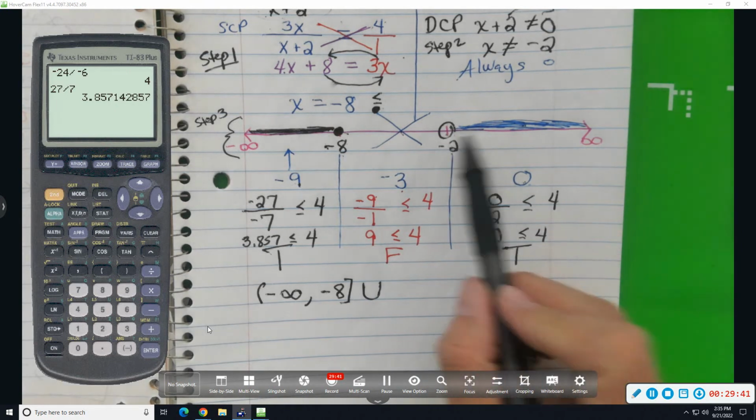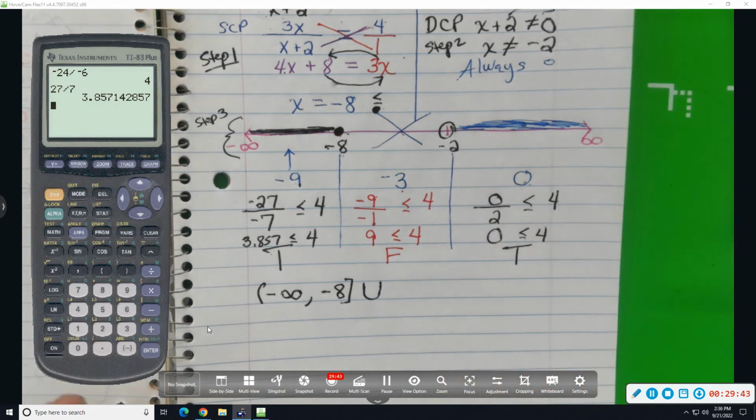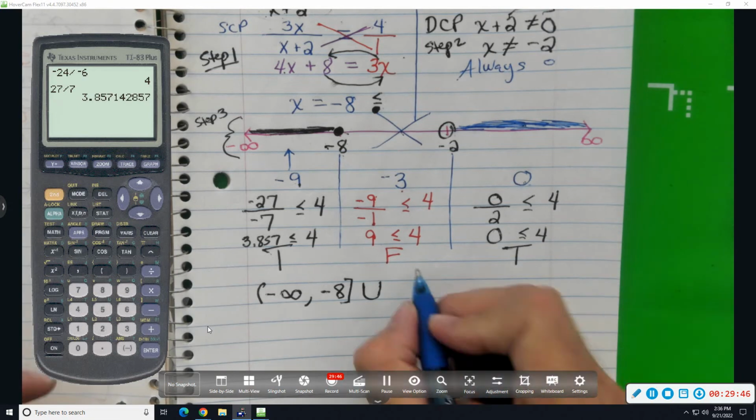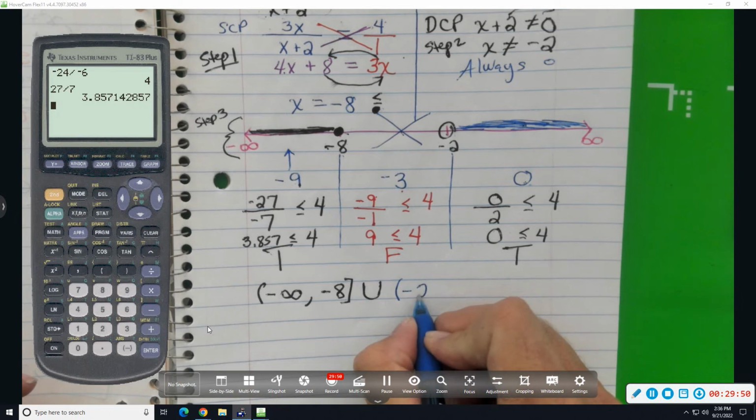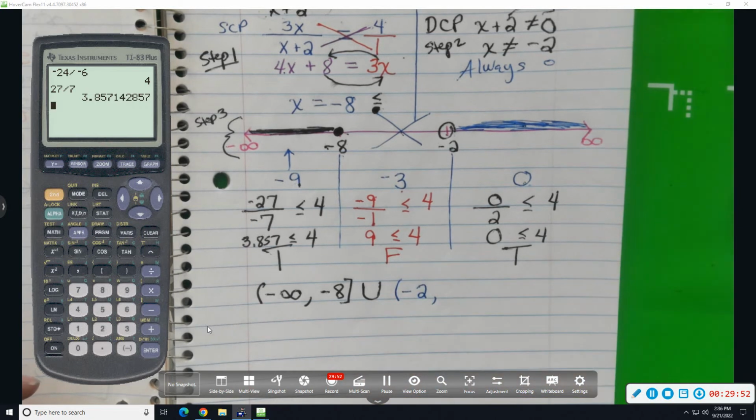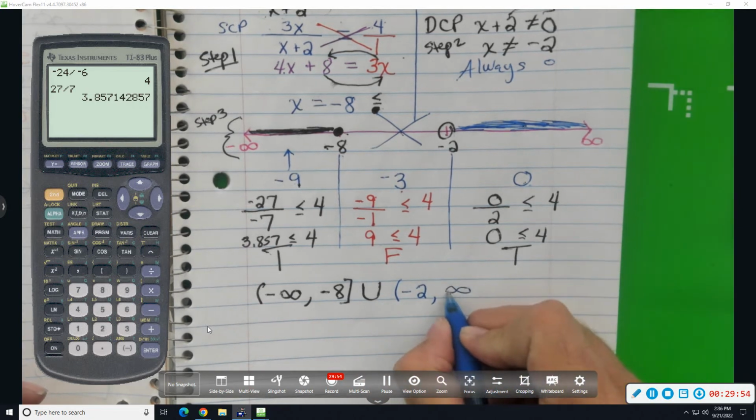How am I going to write this blue region in interval notation? Parentheses or bracket? Parentheses, negative 2, comma, infinity.